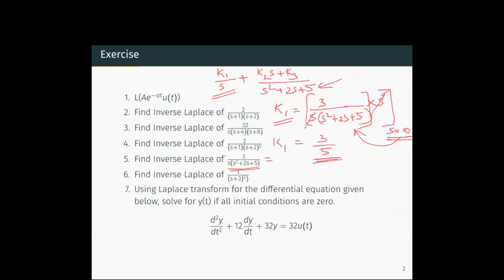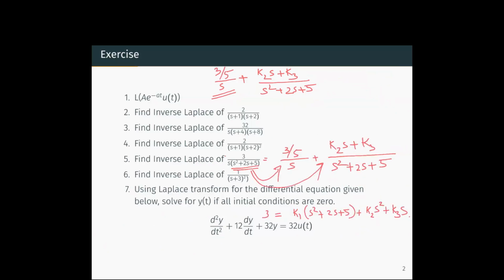So next, to find k2 and k3, we will equate the numerators on both sides. So you will multiply the denominator on the other side, and you will equate both numerators. So 3 equals k1, that is 3 by 5, into s square plus 2s plus 5, plus k2s plus k3 into s term.